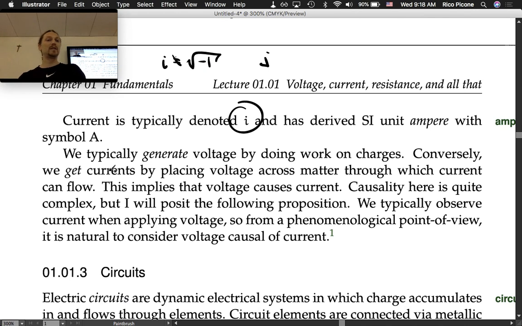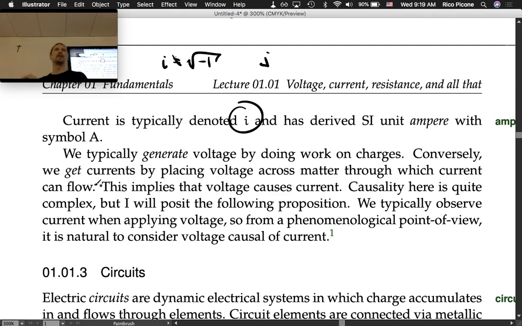Okay. We typically generate voltage by doing work on charges. Okay, so this is a little bit of terminology. Conversely, we get current by placing voltage across matter through which current can flow. This implies that voltage causes current, right?